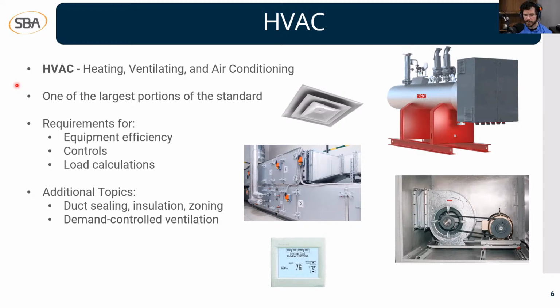Now, other requirements include duct insulation. We have our zone level control and something called demand controlled ventilation, which adjusts our outdoor air based on the occupancy in the zone. Now, one mistake that I often see is ignoring your part load efficiency.